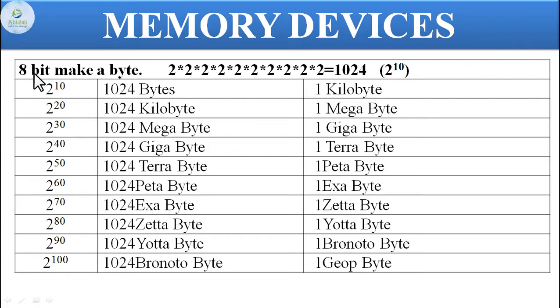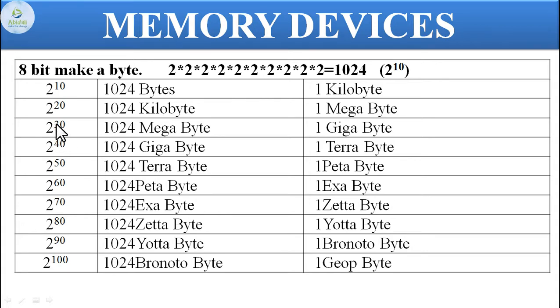When I say 2 to the power 10, that is equivalent to 1024 bytes, which is a kilobyte, KB. Then 2 to the power 20 is 1024 kilobytes, which is a megabyte, MB.